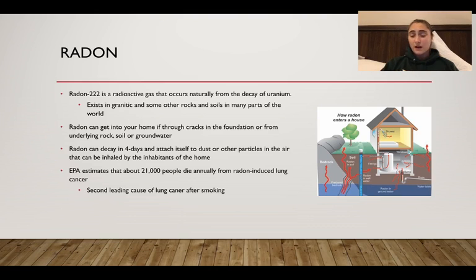So smoking, tobacco products, vapor products, that's the number one cause of lung cancer. The second most is radon, and you would never know you were inhaling radon, right? So some people have their house tested for radon, especially if they know they're in an area where there's a large amount of radon in the soil.